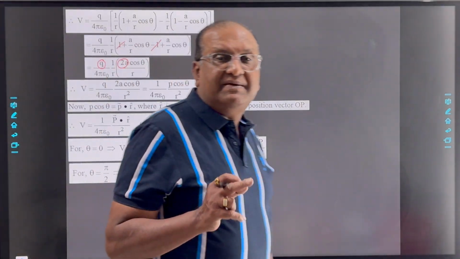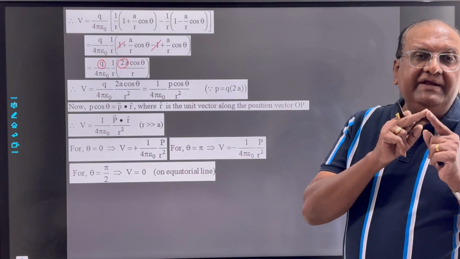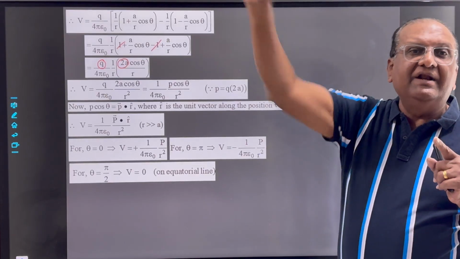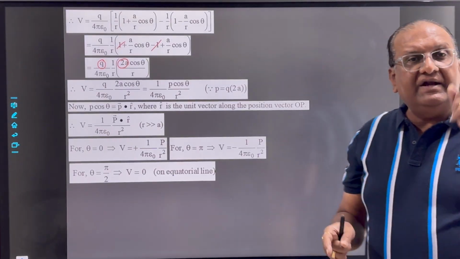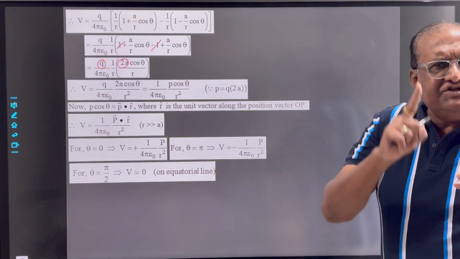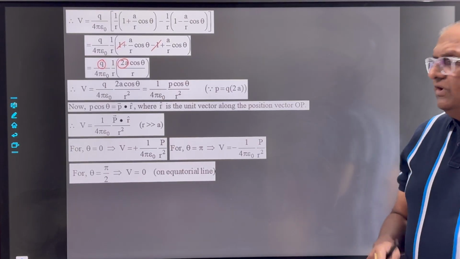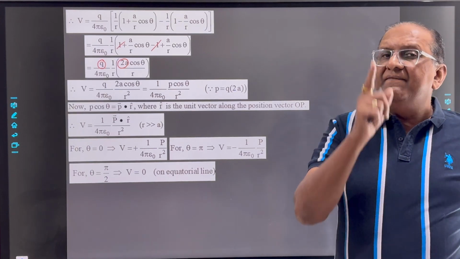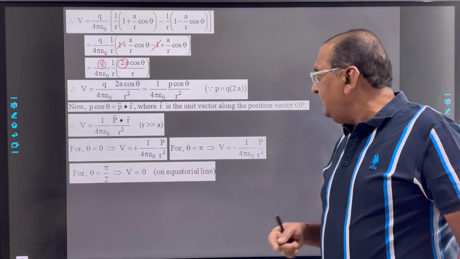Theta equal to pi by 2 is the point on the equatorial line. So on the equatorial line of an electric dipole, at each and every point, the electric potential will be equal to 0. Remember this thing, that is very useful for problem solving and MCQ solving.